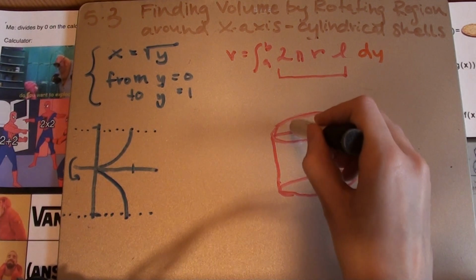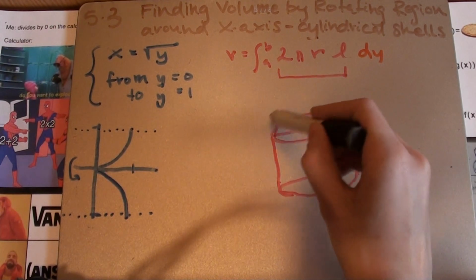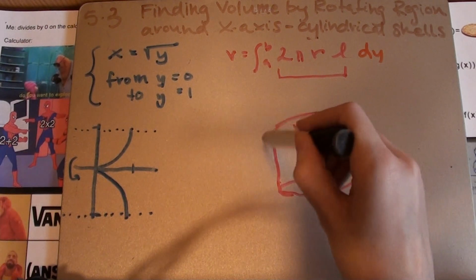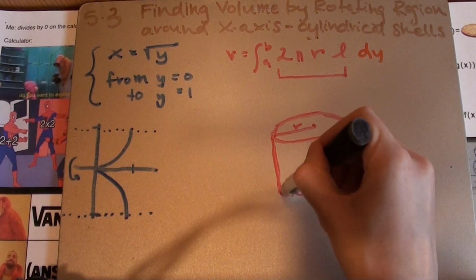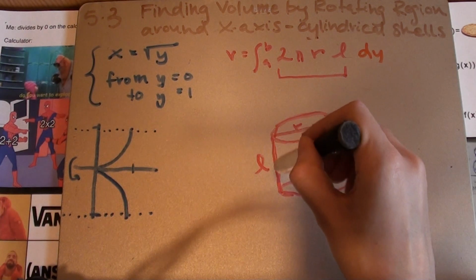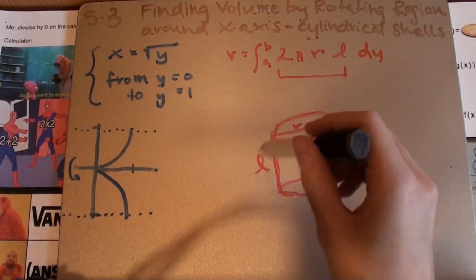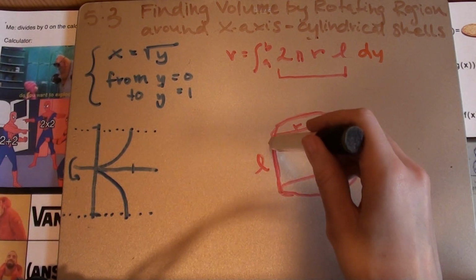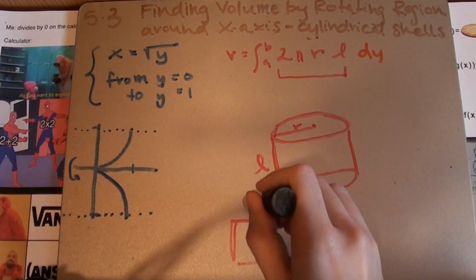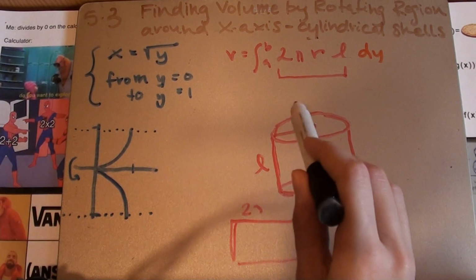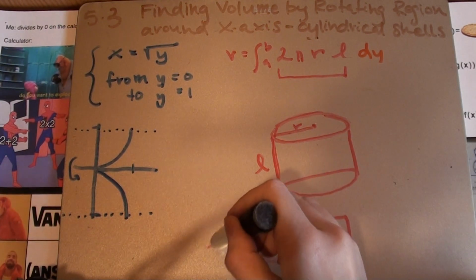This is your radius, my apologies. So this tells you the circumference of the circle that makes up our cylinder. So we have our circumference, and now we're going to multiply that by our length. That's like the height here of our cylinder. And if we were to cut along our line here, it's just going to be a giant rectangle with a width of 2 pi r and a length of L.